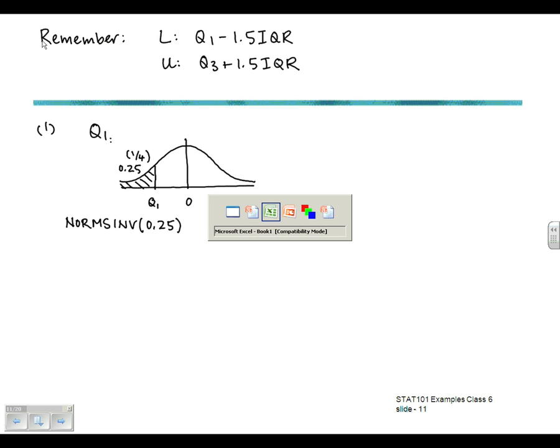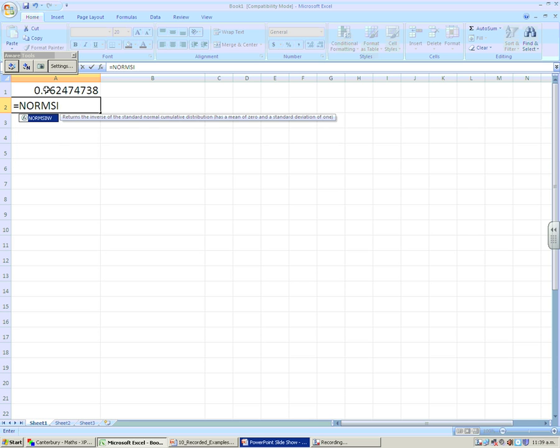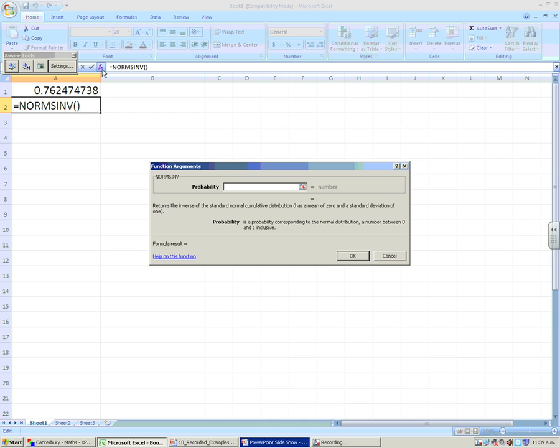From Excel, we can go into Excel just to show you where that's coming from. Again, using the function NORM.S.INV, all we need to put in is the probability. The probability we have here is 0.25.